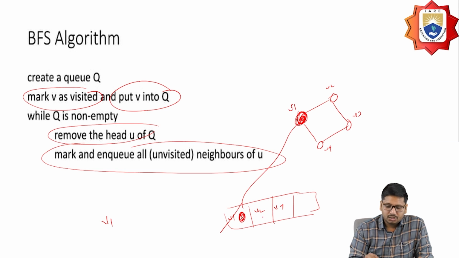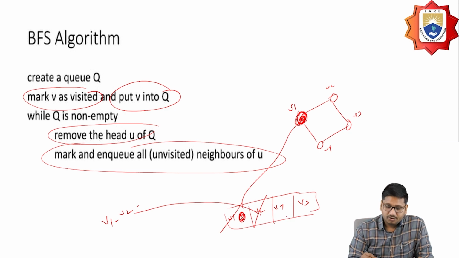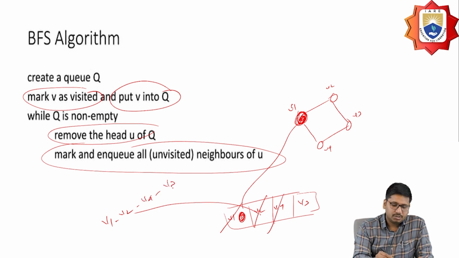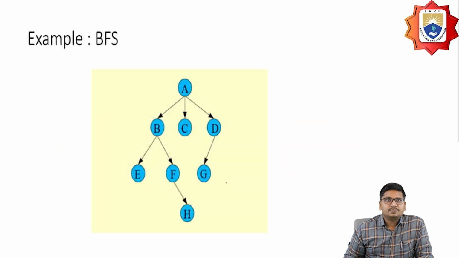Then the adjacent vertices of V2: V1 is already there, and V3 is not there, so I push it onto the queue, mark it, and add it to the output. For V4, V1 is already visited, and V3 is already in the queue, so this one is deleted, and this one is also deleted. So this should be the BFS order of the resulting graph.